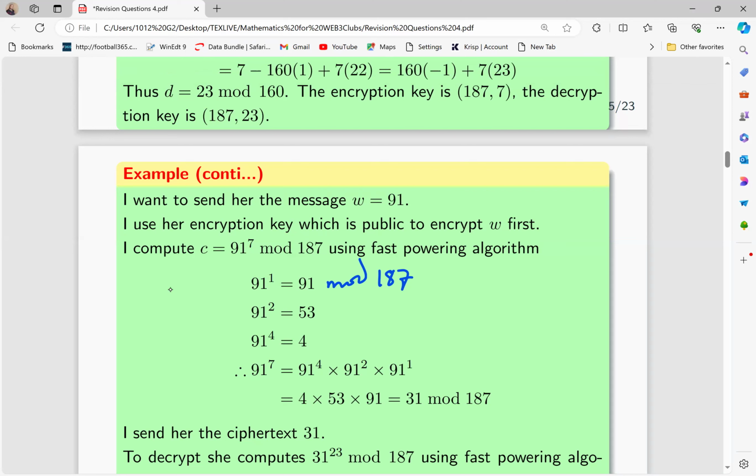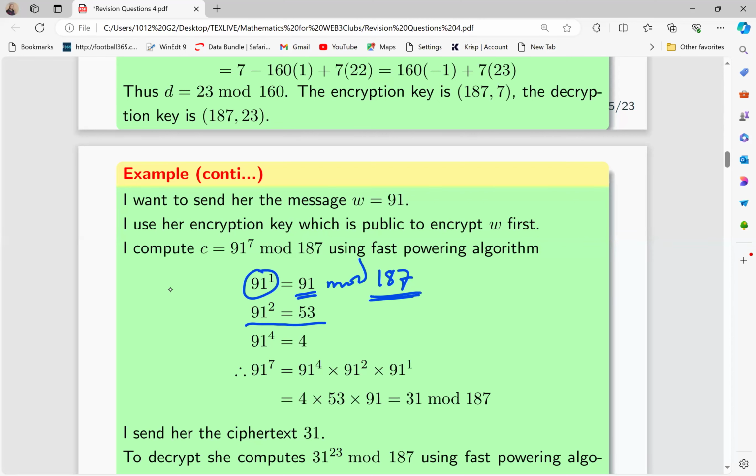Square this. To get this line, when you square the left side, you have 91 raised to 2. Then square the right side, 91 times 91, and we are doing it mod 187.